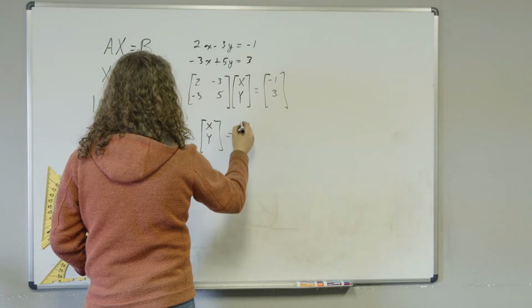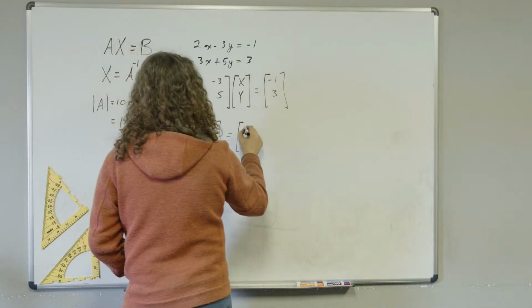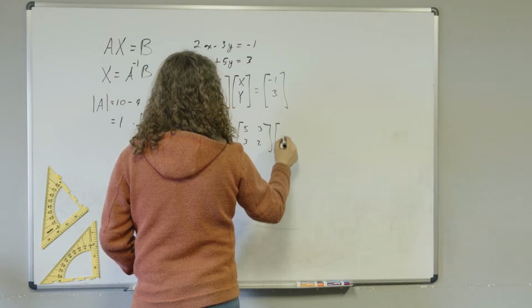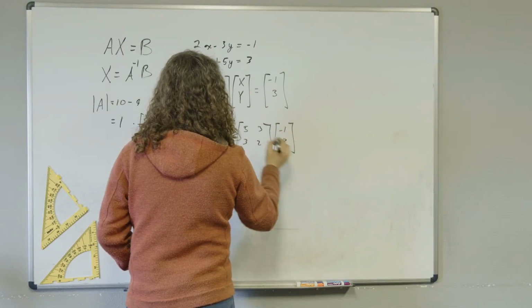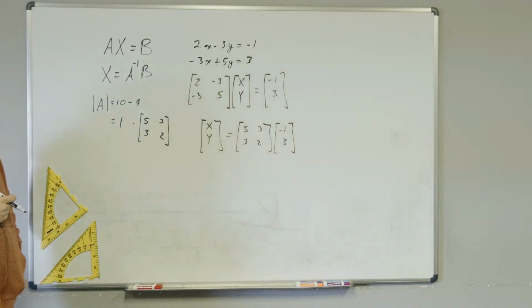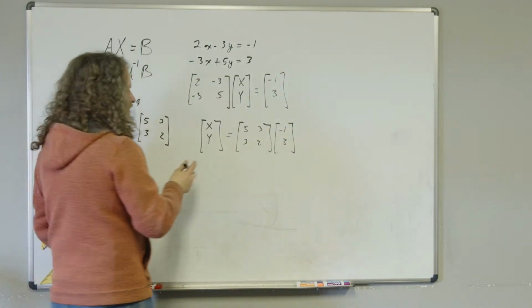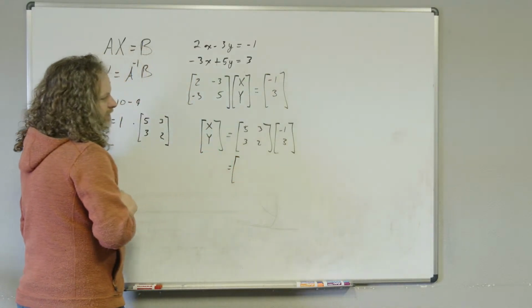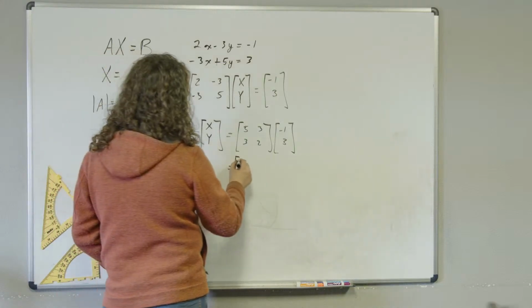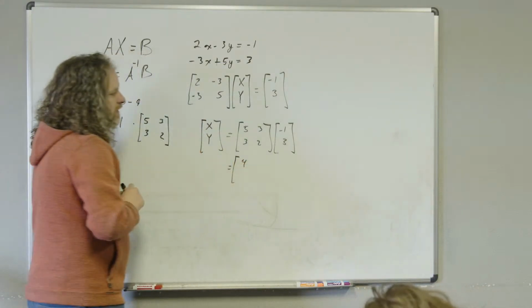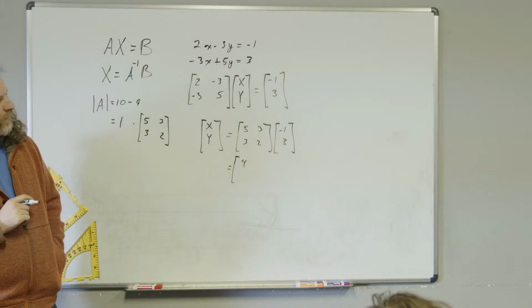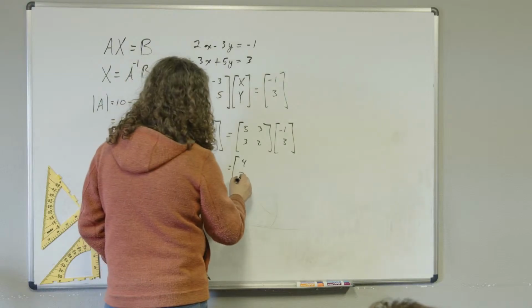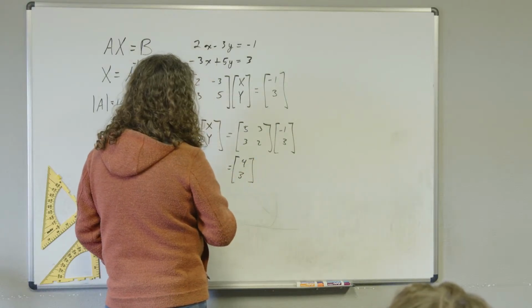This would equal this one times this one. So 5 times -1 is -5, plus 9 is 4. And 3 times -1 is -3, plus 6 is 3. Wait, how are we doing again?